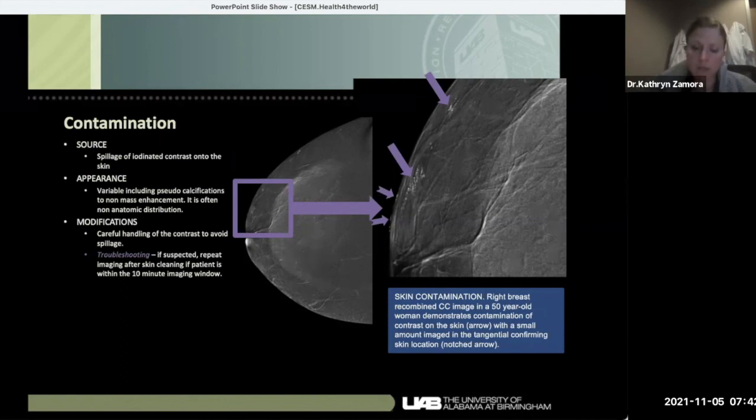The technologist was unhooking the catheter from the power injector with a pair of gloves on, and then she was taking the patient and positioning the patient for the images with that same pair of gloves on. So now what we do is they disconnect the catheter from the IV power injector with one pair of gloves, change gloves, and then go and position the patient.